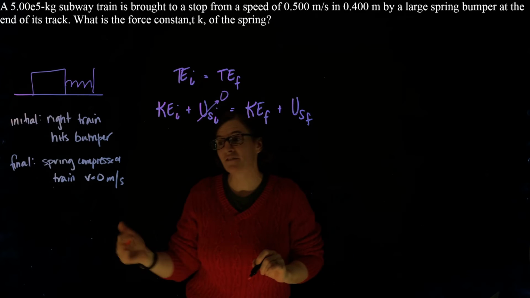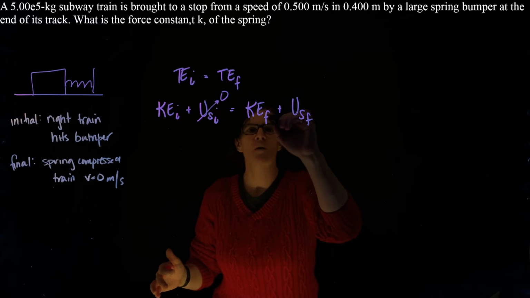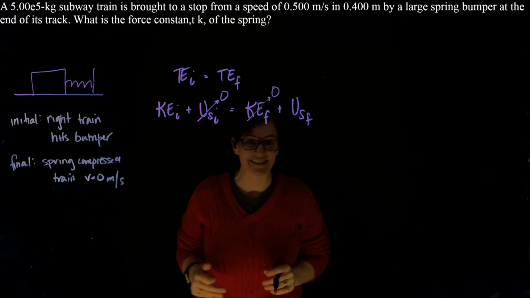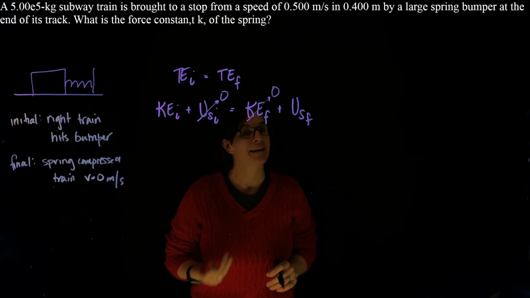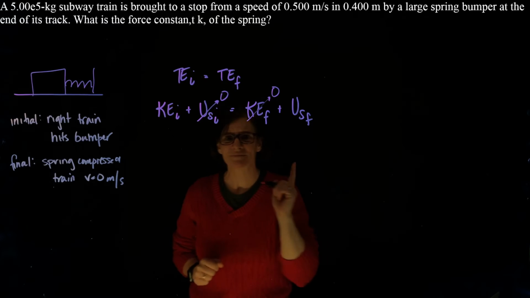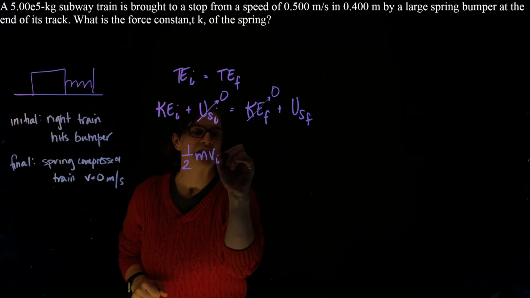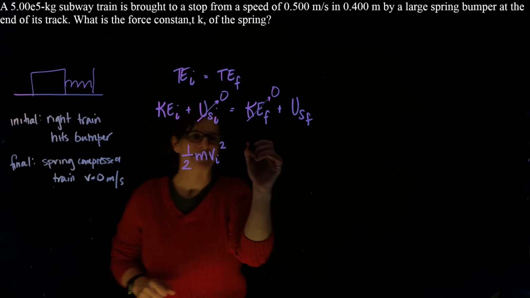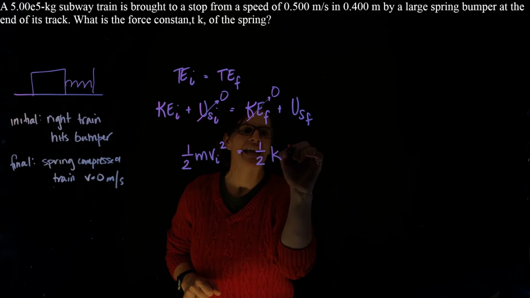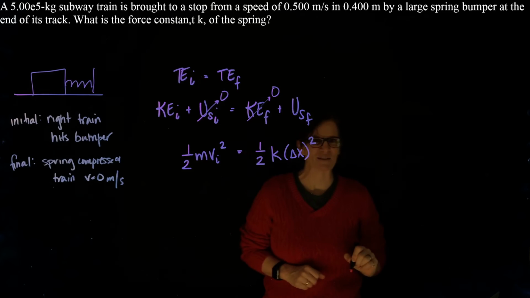At the end of the motion, in our final situation, the train comes to a stop, and so there's no kinetic energy, but the spring is compressed, and so there must be potential energy of the spring. So we are left with 1/2 m v initial squared, which is our kinetic energy, is going to equal 1/2 k delta x squared, our potential energy of the spring.